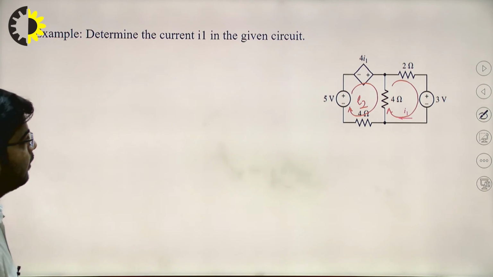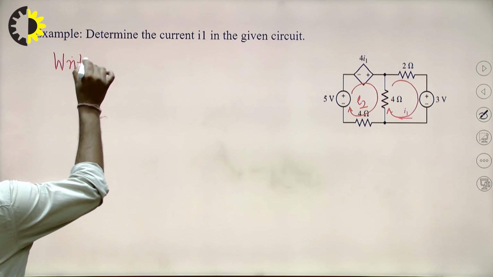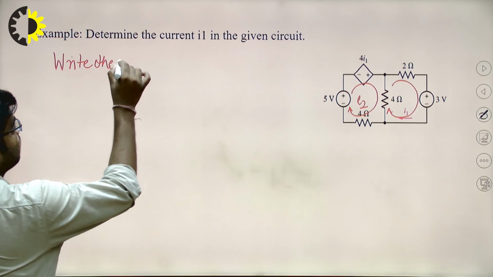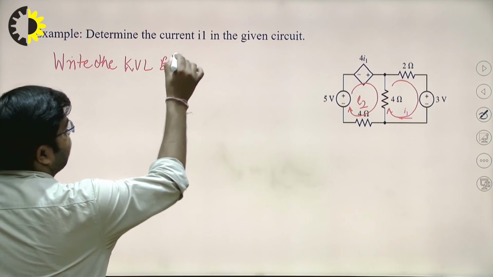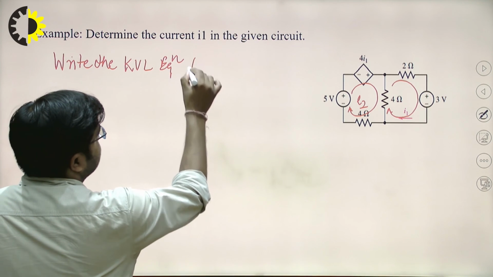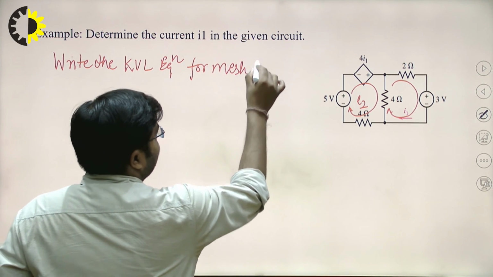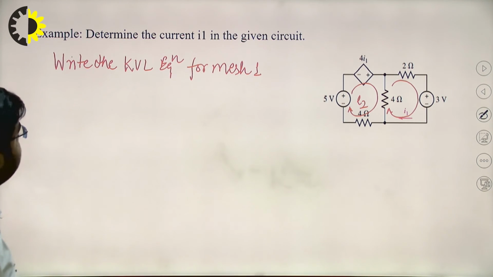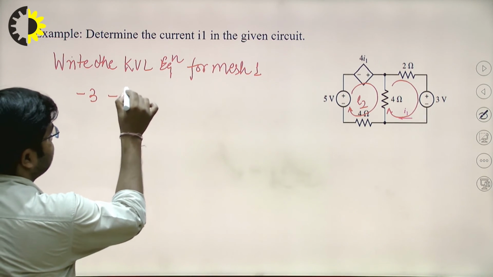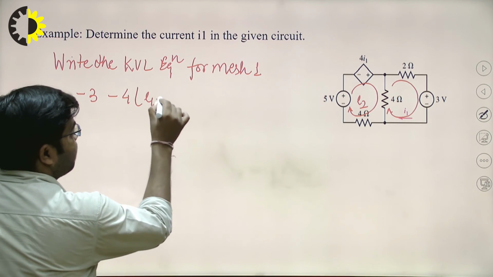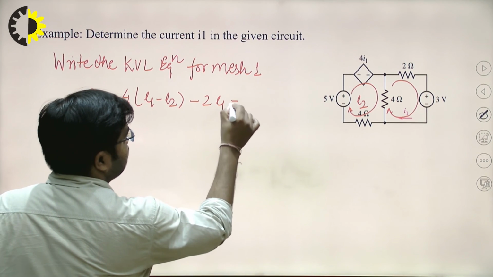Okay. Now write the KVL equation for mesh 1. So you can write minus 3 minus 4 I1 minus I2 minus 2 I1 that is equal to 0.